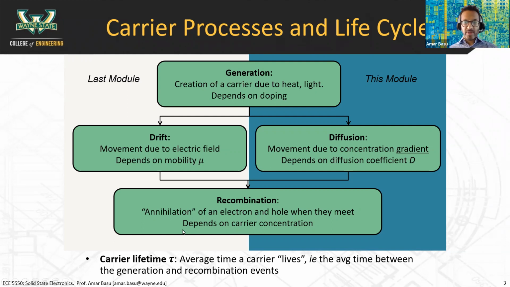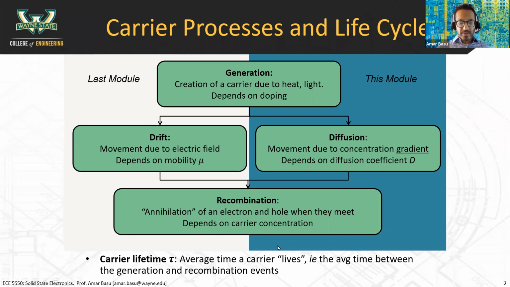I just want to remind everyone that this is something that depends on carrier concentration. Recombination is when an electron and hole meet each other, and the electron occupies the empty state, and both the electron and hole are annihilated simultaneously. If they're near each other, the more electrons and holes you have, the more likely they will be to bump into each other.